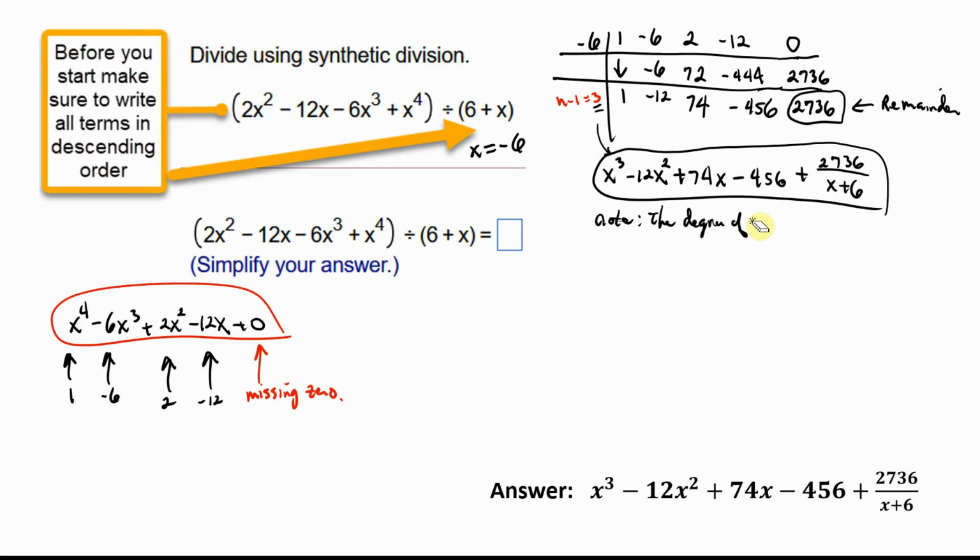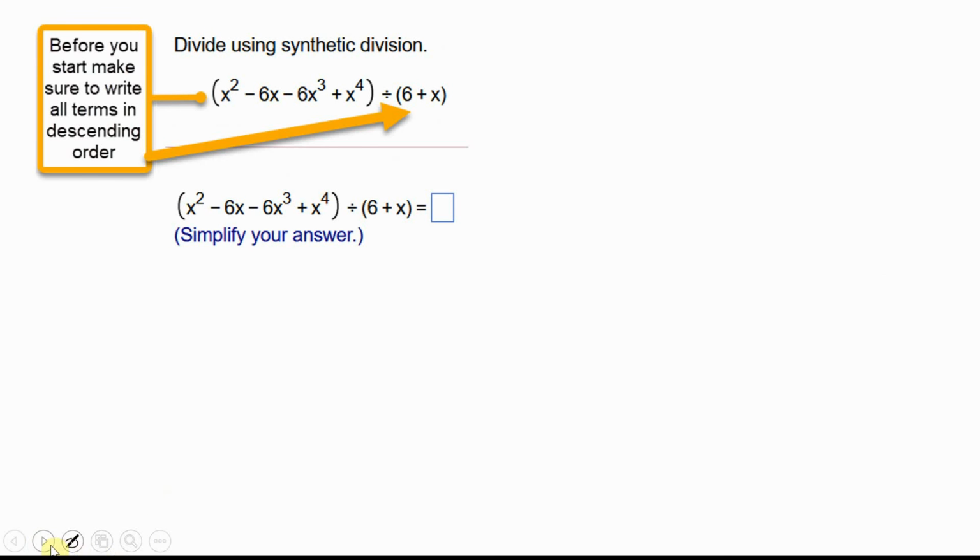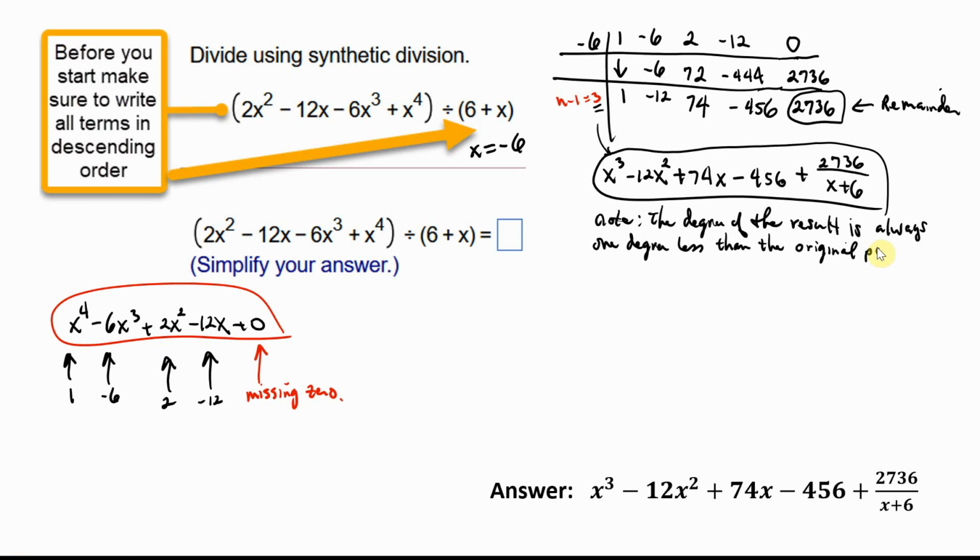The degree of the result is always one degree less than the original polynomial. The original polynomial, the degree was n equal to 4, right?